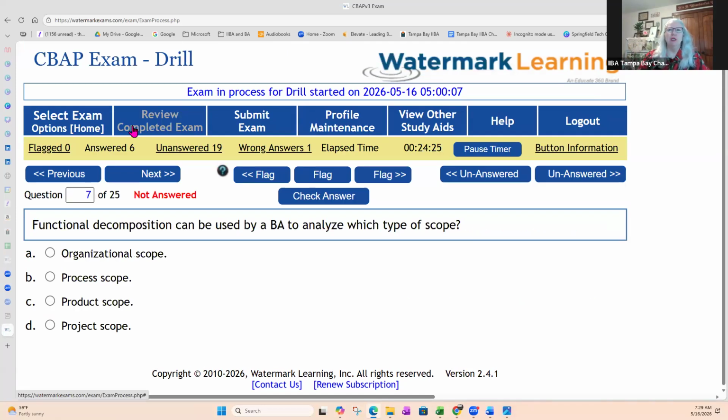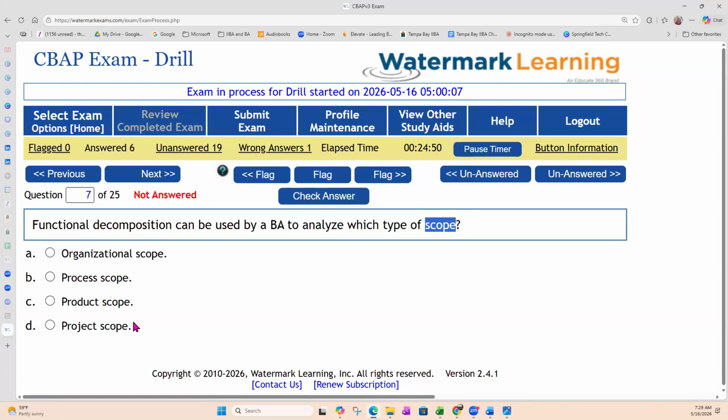Functional decomposition can be used by a BA to analyze which type of scope? So we're talking about it whenever we're applying it to scope. Is this organizational scope, process scope, product scope, or project scope? Which one can we eliminate? Organizational scope.